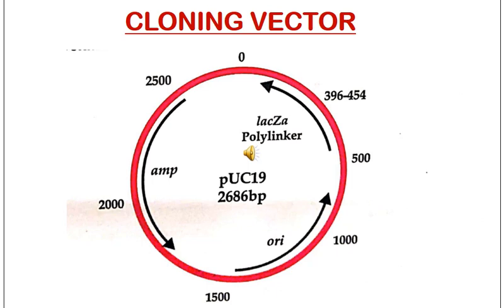2686 bp. Now we come to the structure of the cloning vector. It carries a resistance gene, that is ampicillin resistance, AmpR. The lacZ symbolizes the N-terminal fragment of the beta-galactosidase gene of E. coli.